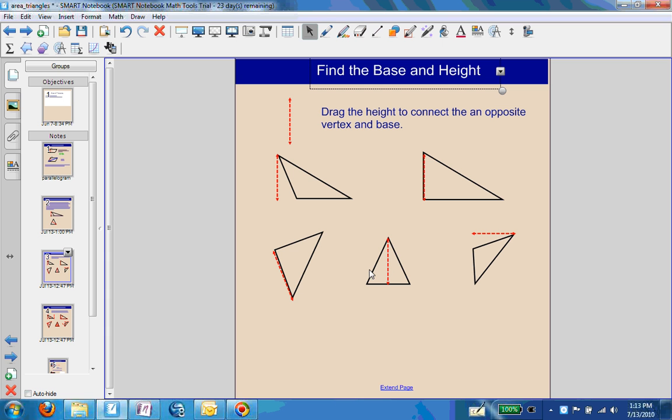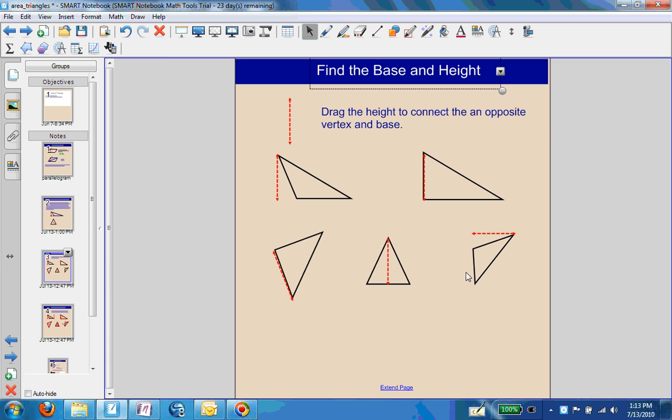In this next example, I have an isosceles triangle, and I drew from the top vertex down to the side opposite. And that gives me a perpendicular distance, so that's the height, and the bottom line is going to be my base.